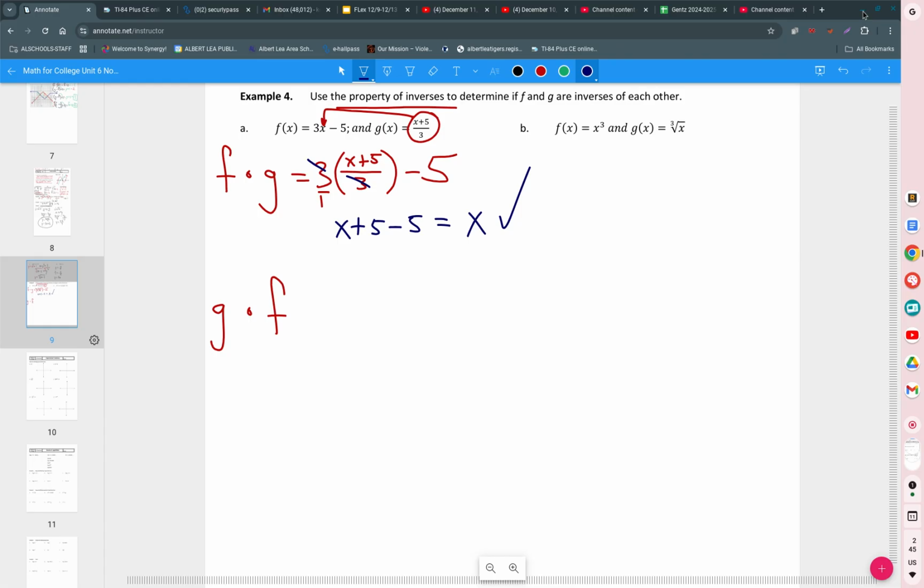In order to show that they are, I have to compose them the other way as well. So now I do g of f. So Caitlin, that means I'm going to take f and I'm going to drop it right there. And so this is going to produce the quantity 3x minus 5 plus 5, all divided by 3.